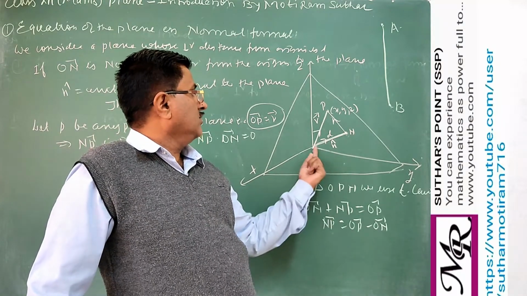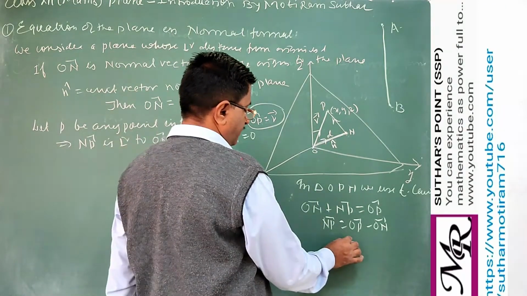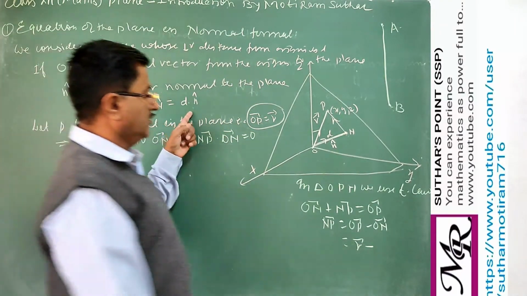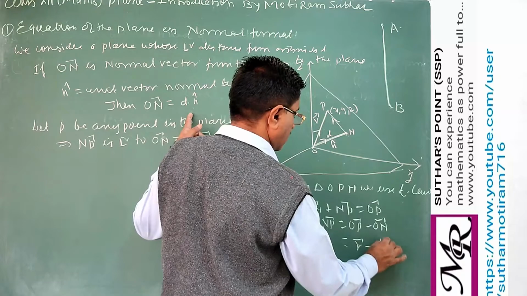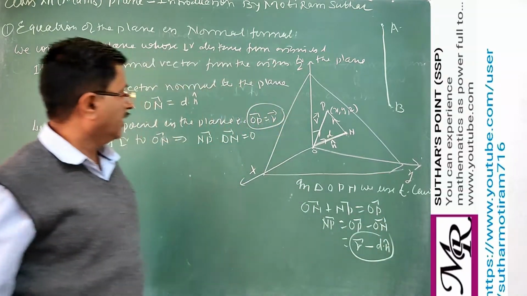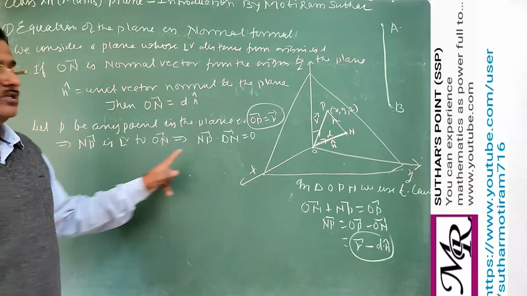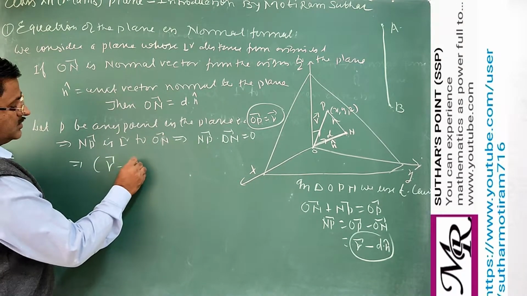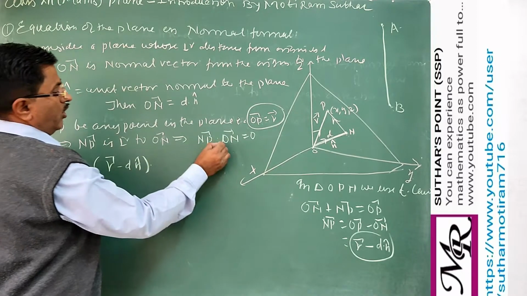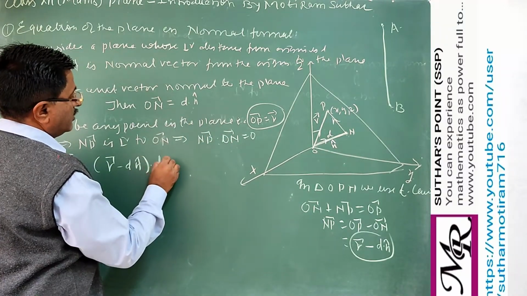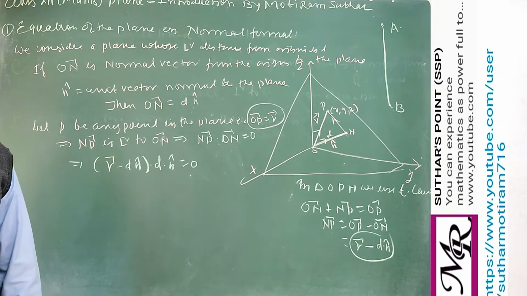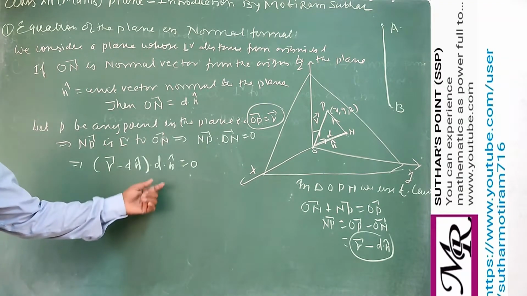Now what is OP? That is vector r. And ON we have already written as d n cap. So putting these values, NP means vector r minus d n cap, and ON again is d n cap, so (r minus d n cap) dot d n cap is equal to 0. Now simplify.